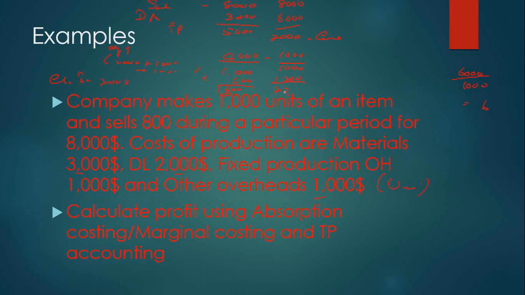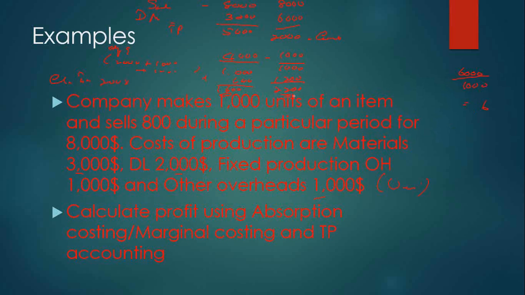So you will have a profit of 2,200. Can you see? The throughput profit is 1,600, but marginal cost profit is 2,200. The reason is the throughput does not recognize any of the other labor and everything you have added up.